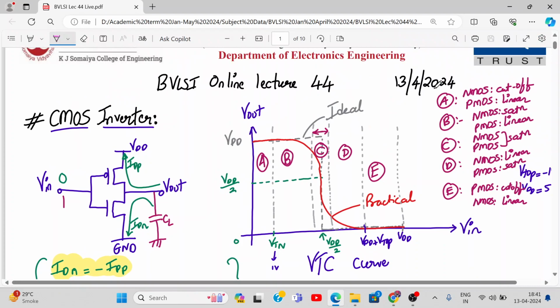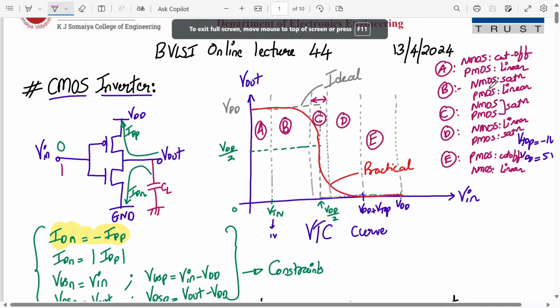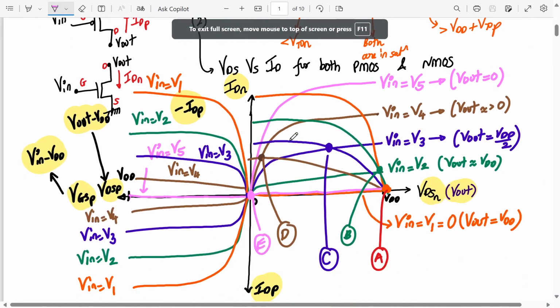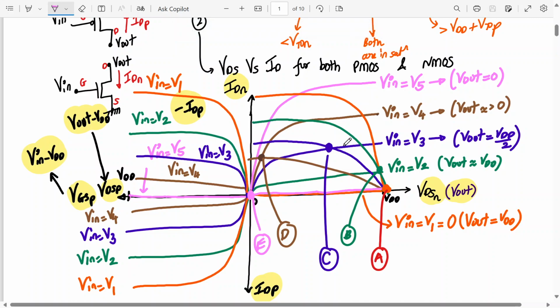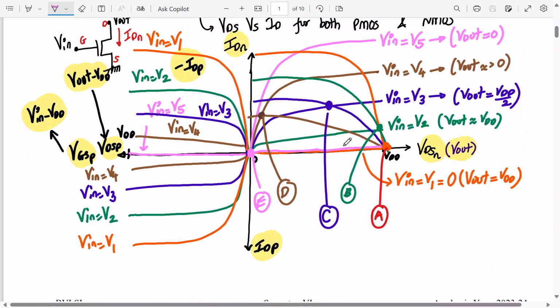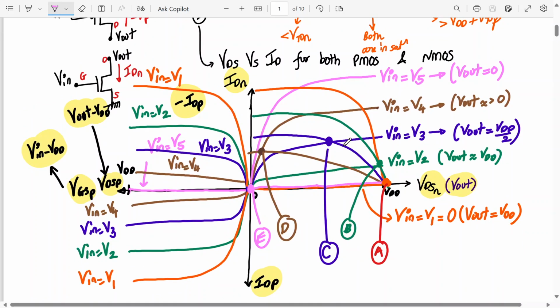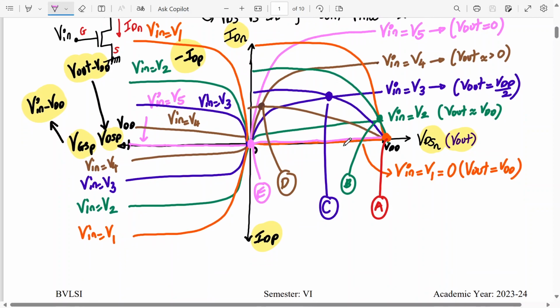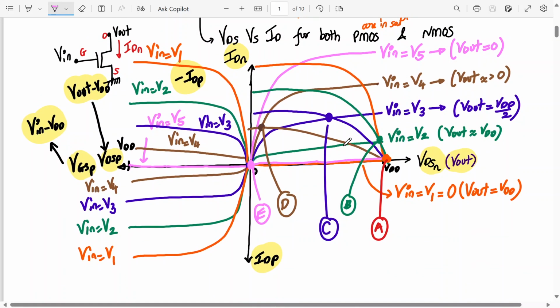So obviously the current should match at some point, and when they match, this is how the graphs look. Can you tell me in which region of operation the maximum current is obtained? A, B, C, D, E. Can you tell me from the graph? Hello? See the points and tell me. Where do you get maximum current?